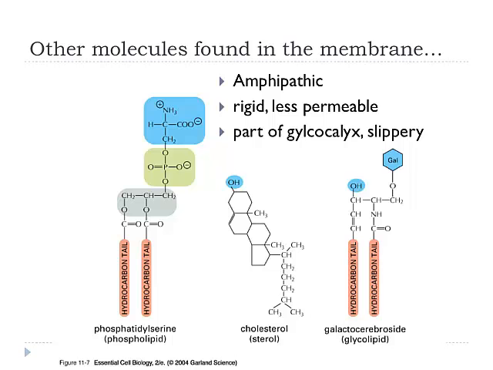Now, in addition to phosphatidylcholine, there's another phospholipid that's found less frequently, but also in eukaryotic cells, phosphatidylserine. So the only difference in the structure, you still got the two tails, the glycerol, the phosphate group, and now serine.